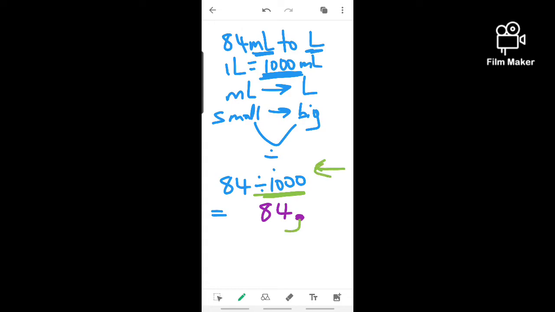So 1 place to the left, 2 places to the left, and then 3 places to the left. So our decimal point is now going to be here. And of course, we need to add another 0. That leaves us with 0.084. So 84 milliliters is actually equal to 0.084 liters. Okay, so that's our quick recap on metric units of volume.